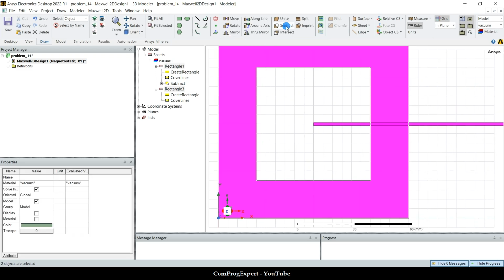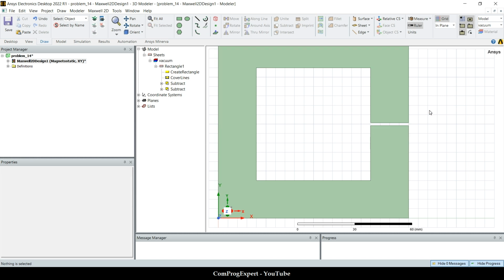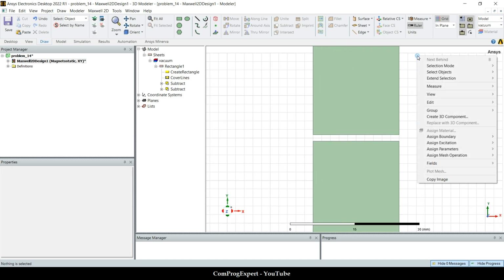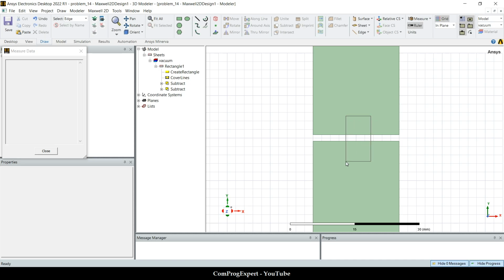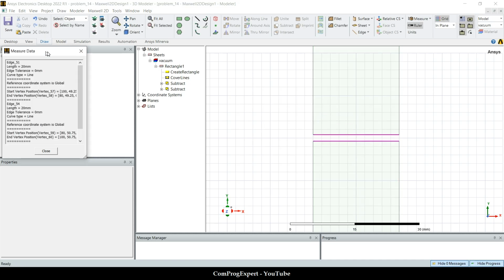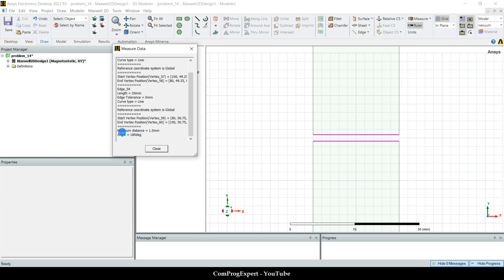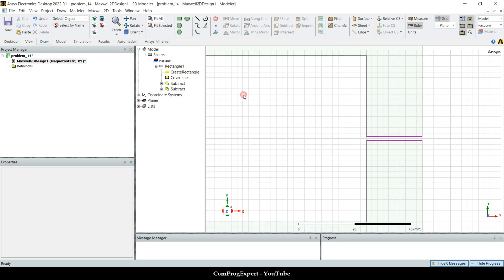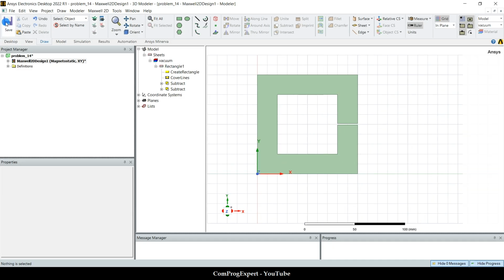Select this one, subtract. Yes, you can measure the distance between these two edges to confirm that you generated the geometry correct. Yes, the minimum distance is 1.5 millimeter, right? The air gap thickness.